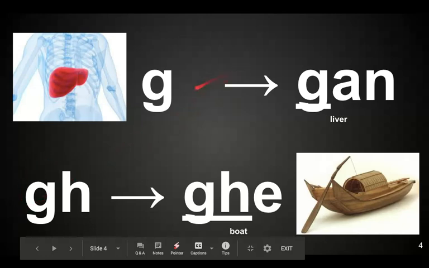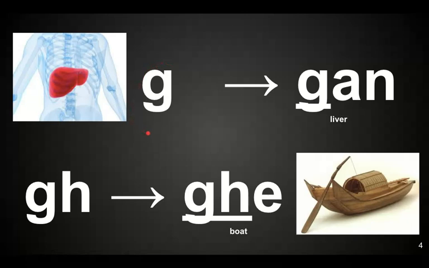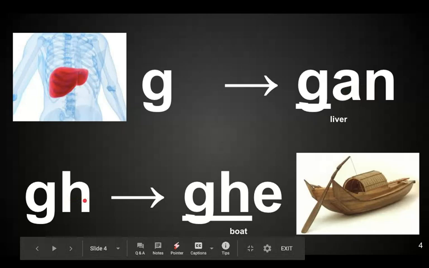But z by itself also makes the sound g. So we have g, z, g, as in yam for liver, or z, hat, also the sound g in the word yeah.